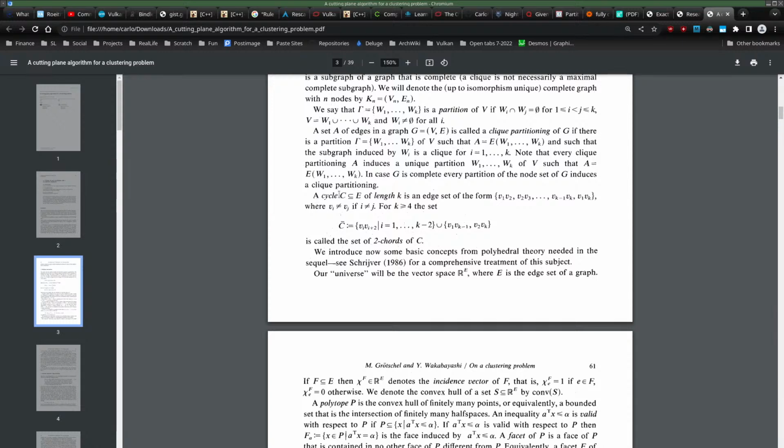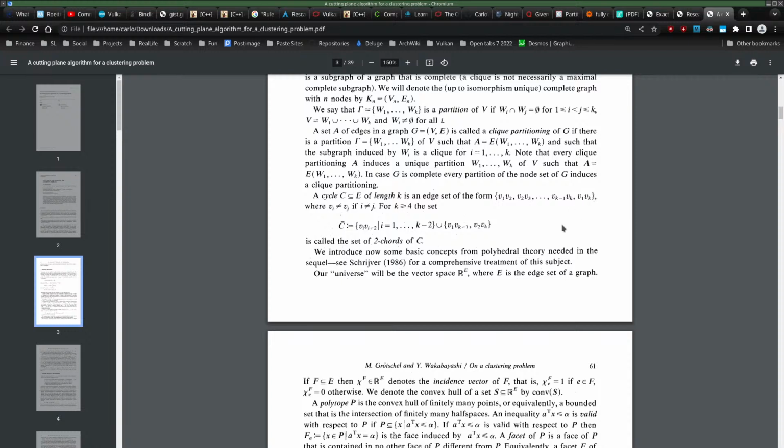So I don't think that it's really interesting to understand this notation, but nevertheless they work with a cycle C, which is a subset of E of length K, an edge set of the form v1, v2, so that's an edge, and then v2, v3, which is of course also an edge, starting where the other one left off, and so on until you got to vk, and then we go from vk back to v1, so we have the edge vk, v1.